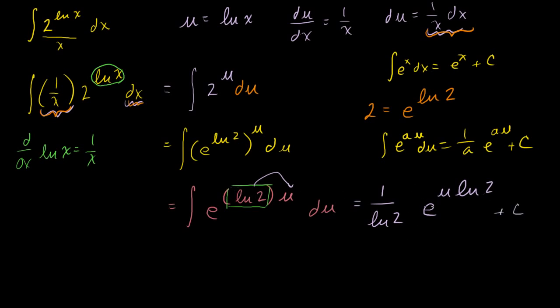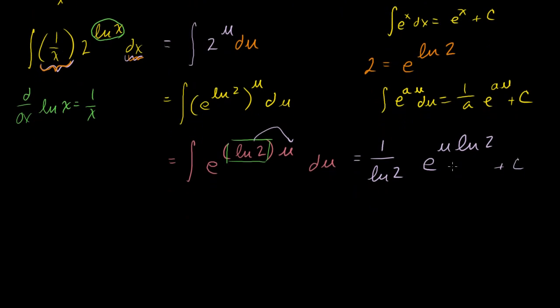So this is our answer, but we have to reverse substitute before we can feel satisfied that we've taken the antiderivative with respect to x. But before I do that, let's see if I can simplify this a little bit. Just from our natural log properties, a times the natural log of b is the same thing as the natural log of b to the a. Let me draw a line here. This becomes the exponent on whatever we're taking the natural log of.